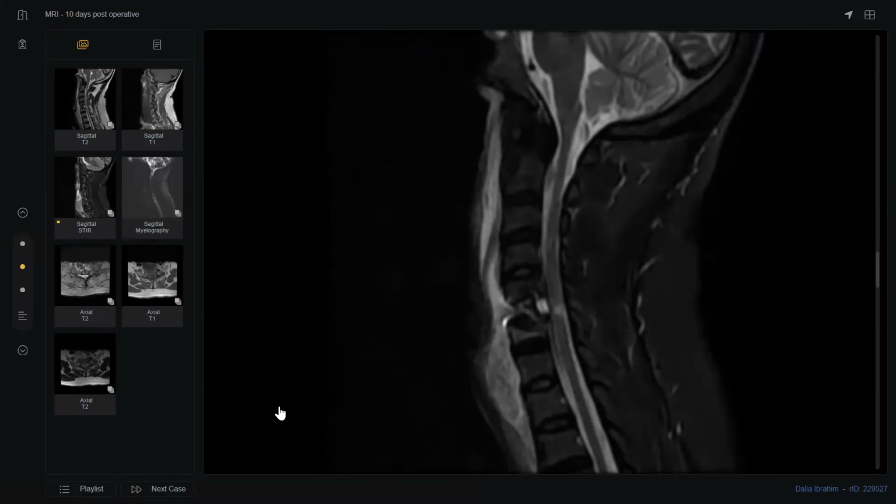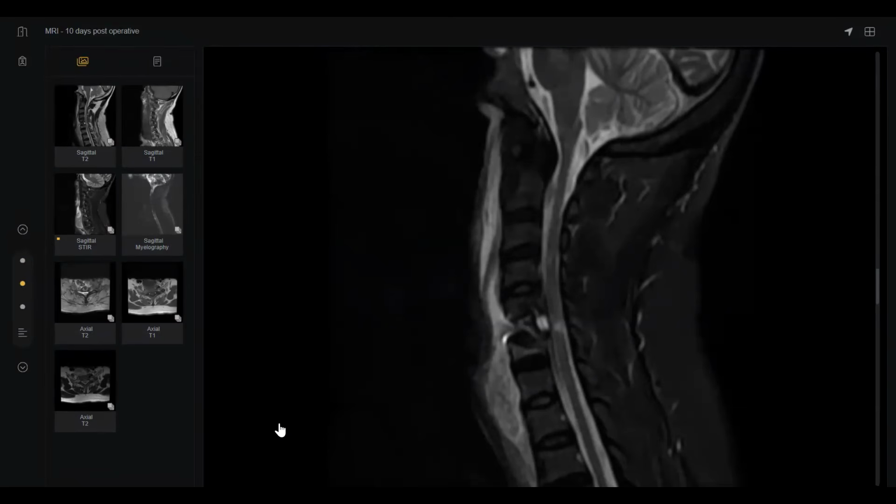It shows there's a hyperintense area. I'm not sure how to request control. No problem, I will scroll.